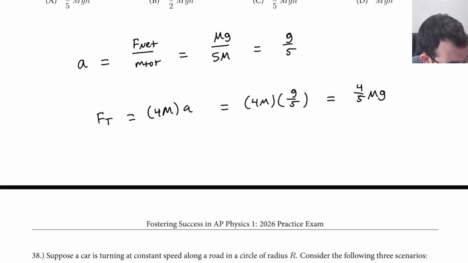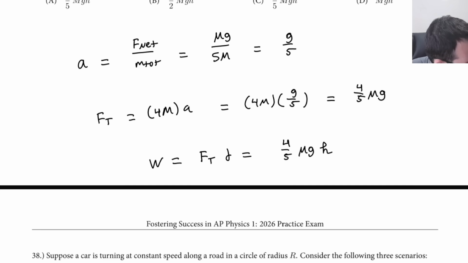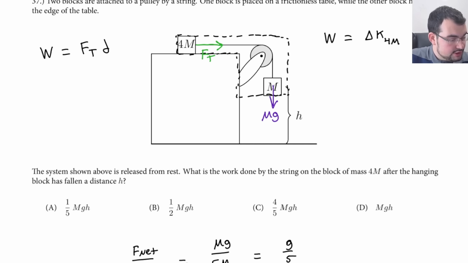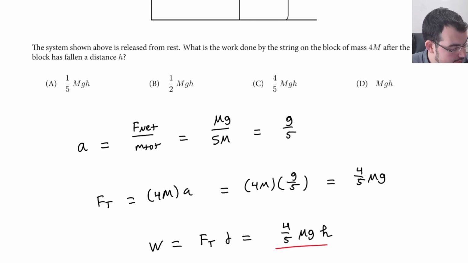And then we can find the work done just by multiplying that by the distance traveled, which is just going to be h. Because since the objects are connected, if the string falls a distance h that way, that must mean the string also went a distance h that way. So that's how you get 4/5 mgh.